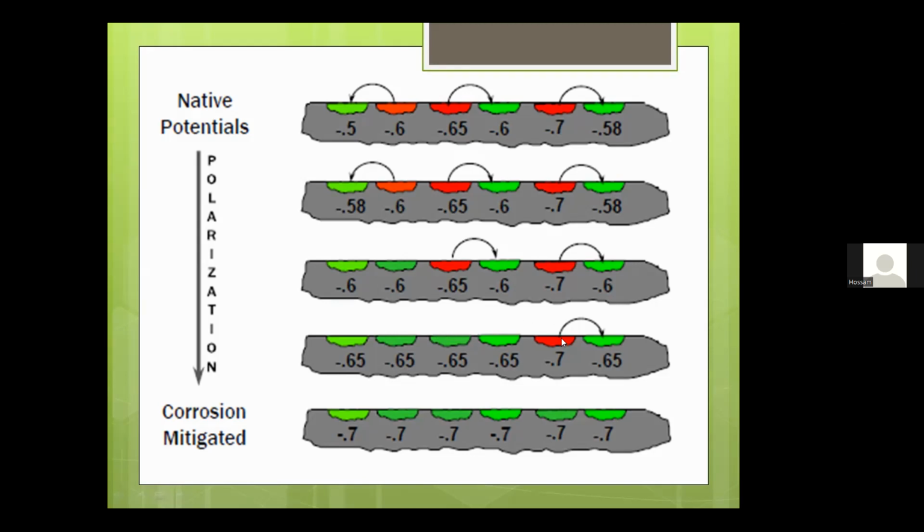And the cathodic protection current continues to polarize the surface. All the surface will reach the potential of the most active anodic side, which here was negative 0.7 volts. So this is the target of cathodic protection: to mitigate all corrosion on all sides of the structure.